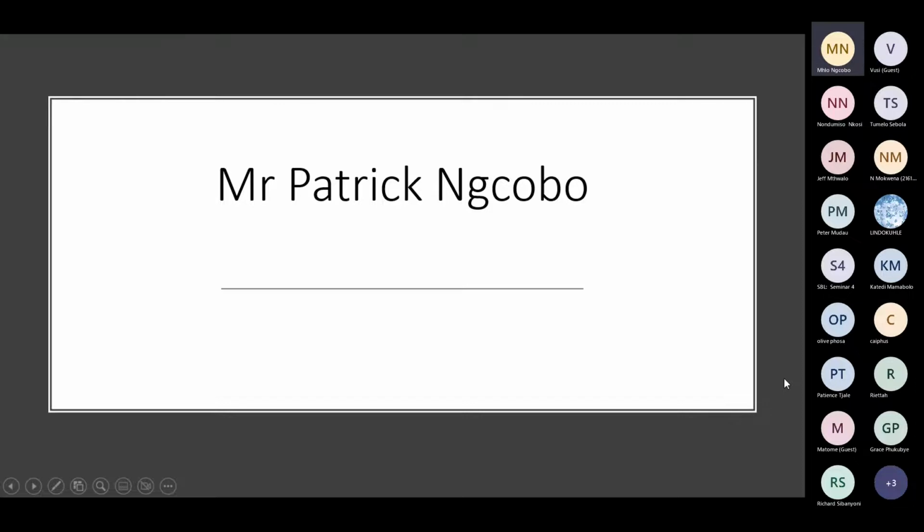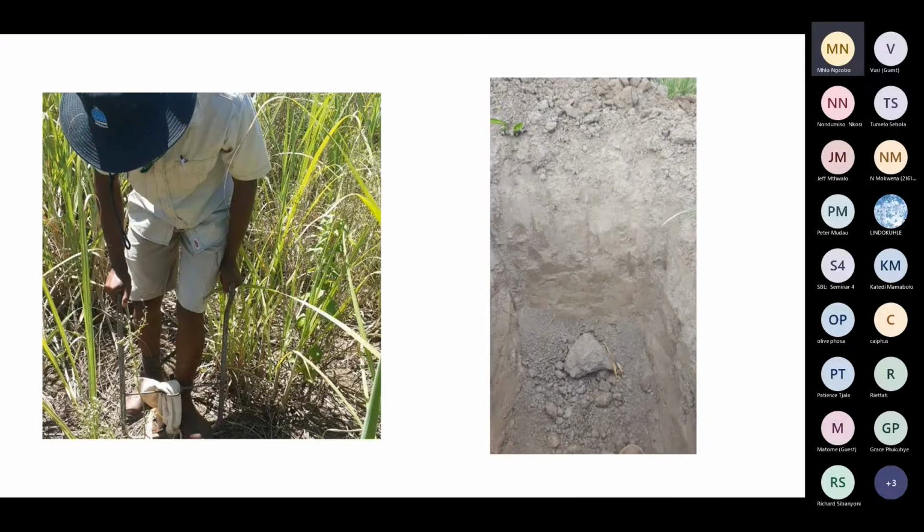Before one can produce sugarcane, you need to do soil classification to determine whether sugarcane can grow in your farm. As you can see in this picture here, there is soil classification, and then the picture on the right shows a soil pit that has been dug, and this is a Fenwood soil form.